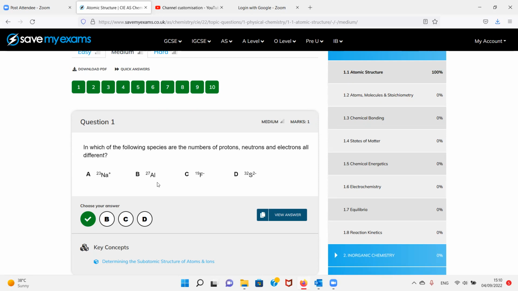In the case of the fluoride ion, you'll find that the number of electrons and neutrons are 10 each. And in the case of the S-2, you'll find the number of protons and neutrons equal, with 16 each. So my advice here is sit down and pause the video and do the calculation just to double check that this is the only one where the number of protons, neutrons, and electrons are different.